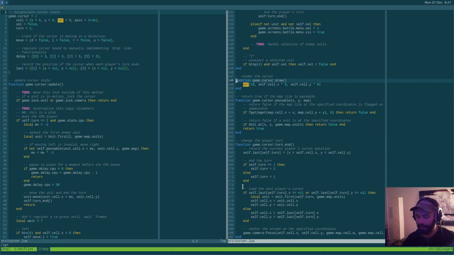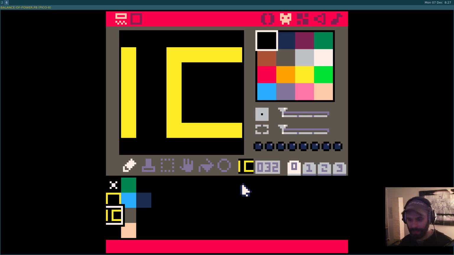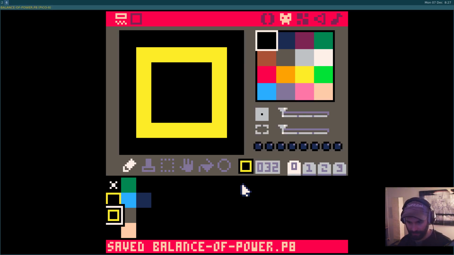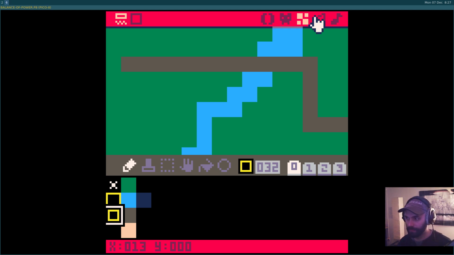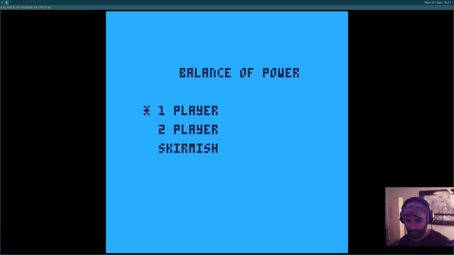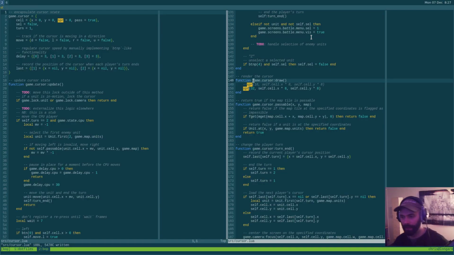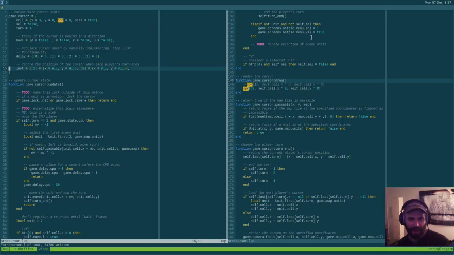Yeah, so here we are. So the draw method, first of all, let's do the dumb thing. Did I save this? Yep, there's our small boy cursor. Okay, so let's just track what frame we're on.